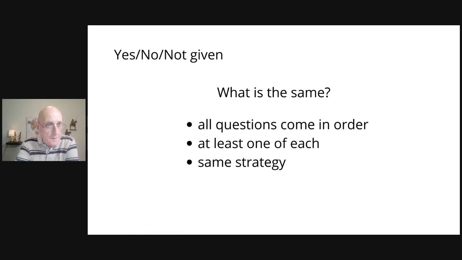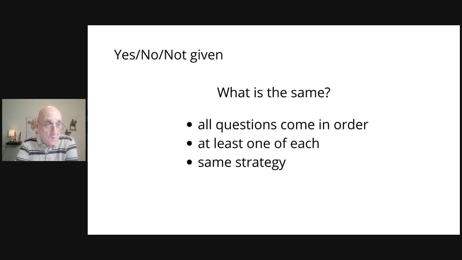What's the same about the strategy for each of these types of questions? Well, in yes, no, not given, as well as true, false, not given, all the questions come in order. And here's a little tip that's really important. When it comes to these types of questions, you'll have at least one of each.